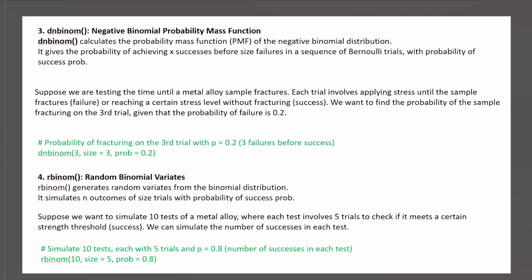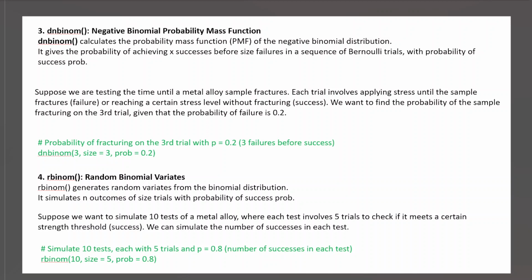Suppose we are testing the time until a metal alloy sample fractures. For example, each trial involves applying stress until the sample fractures or reaching a certain stress level without fracturing.